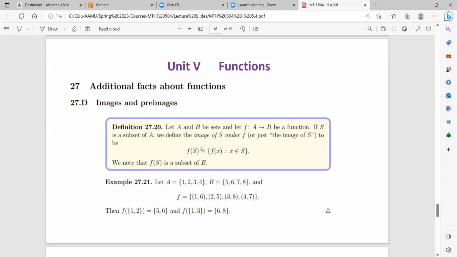So that's the image of S. So you can talk about the image of a subset of the domain.